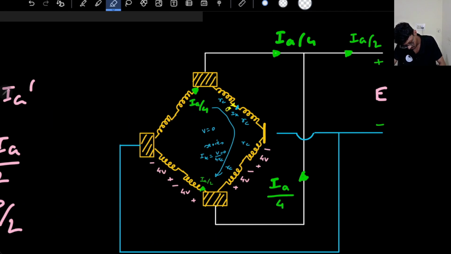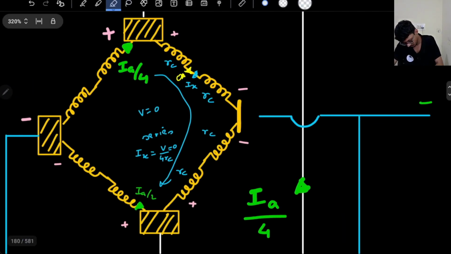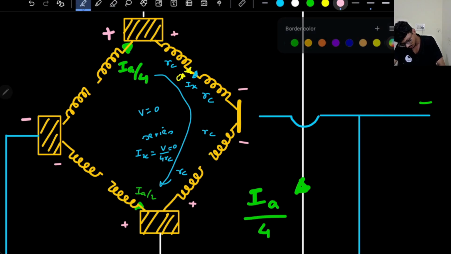Let me keep the plus sign here and the minus sign here, plus minus for each, and assume all these are single coils only.